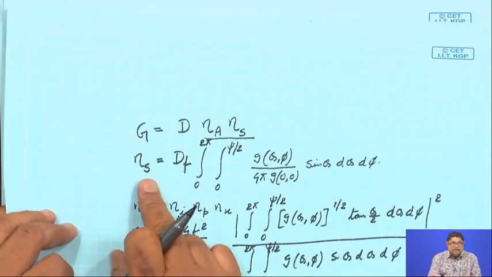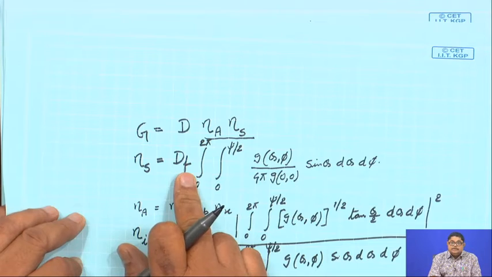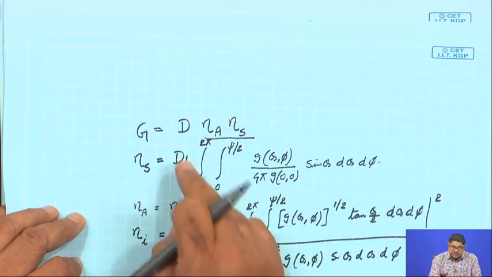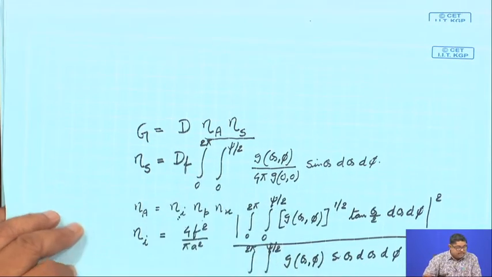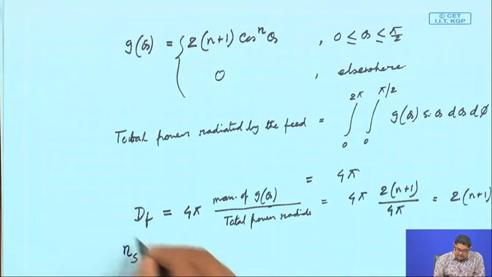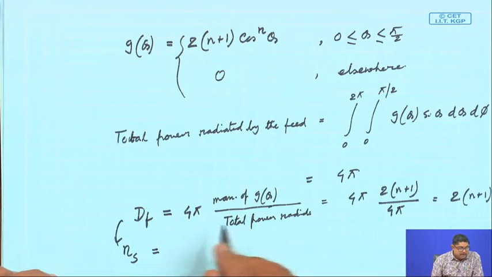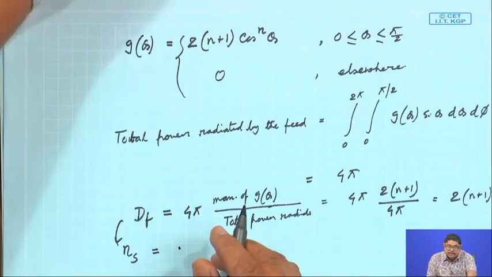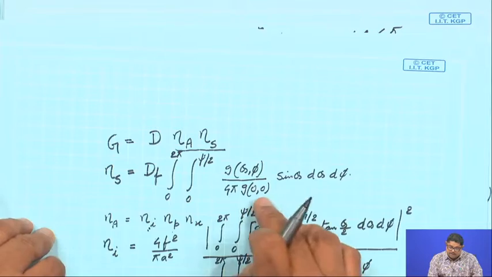that spillover efficiency is in terms of D_f into this. So, we can put this value of D_f there. So, spillover efficiency becomes, with this value, you now know the pattern. That means this g(theta) expression you know.